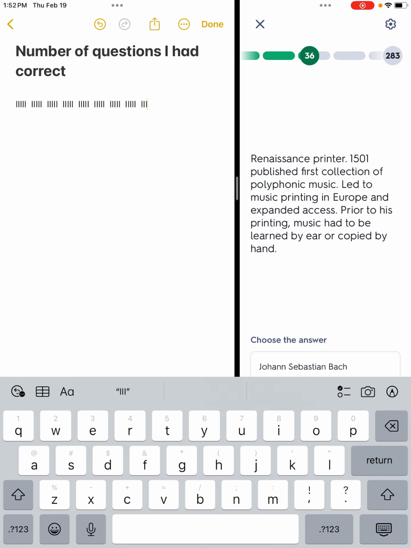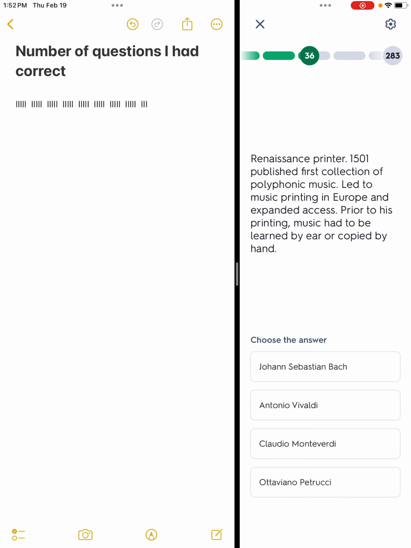Renaissance printer, 1501. Published the first collection of polyphonic music. Led music printing in Europe. That's the first printing press right there. And expanded access. Prior to his printing, music had to be learned by ear or copied by hand. Ooh, shoot.